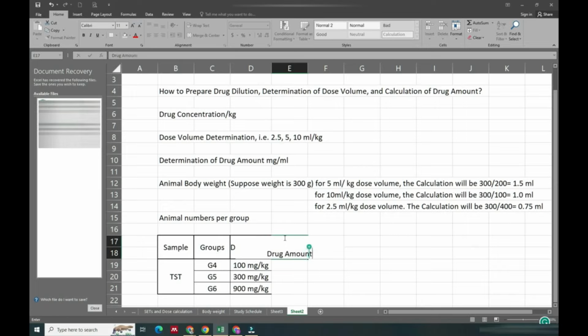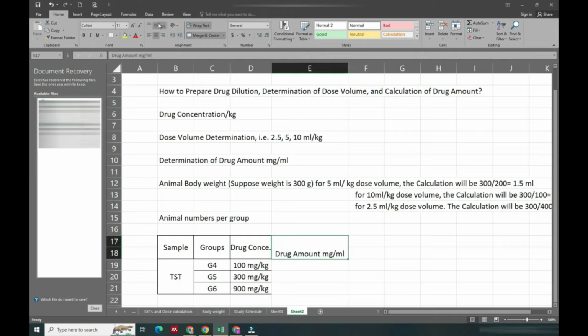So mg per ml you have to decide, so you can easily calculate the larger volume. It will be the baseline that you have to decide first. Then you can easily calculate the larger volume, what stock you have to prepare.